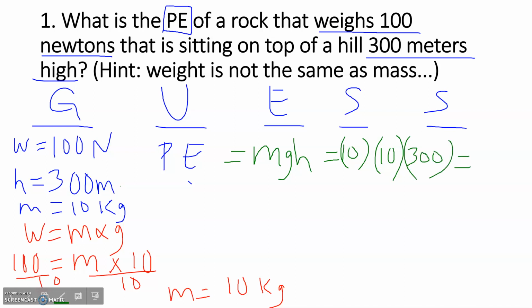All right, so we have 10 times 10 times 300. So that means we're going to have 300, and then for every times 10 we add a 0. So we're going to add 2 more zeros. So we should have 30,000. Because we're looking for potential energy, and energy is measured in joules, it is 30,000 joules. That is the potential energy of the rock sitting at the top of that hill.